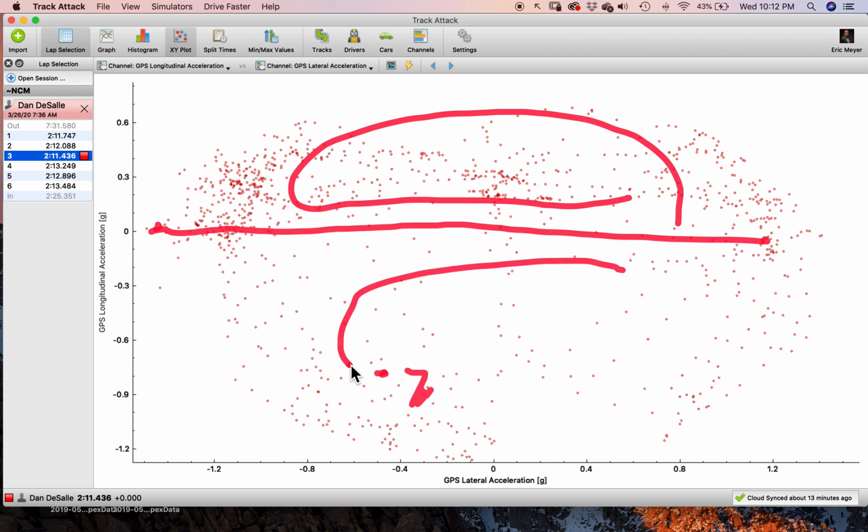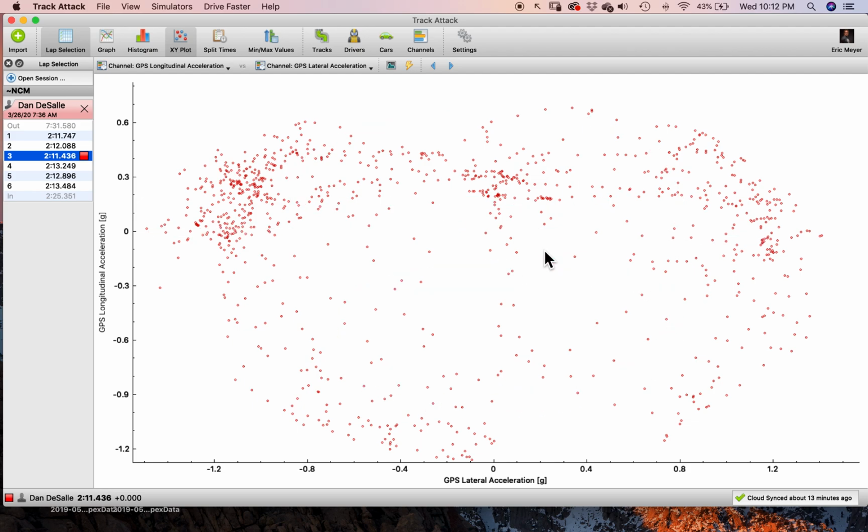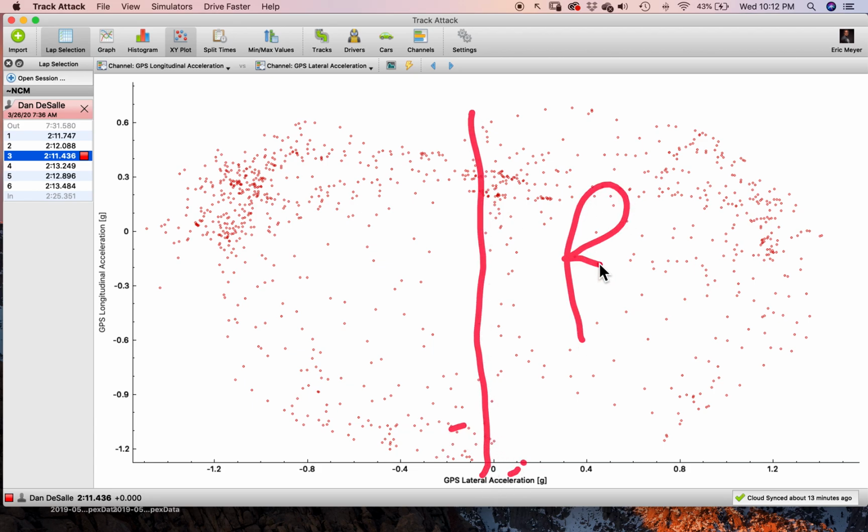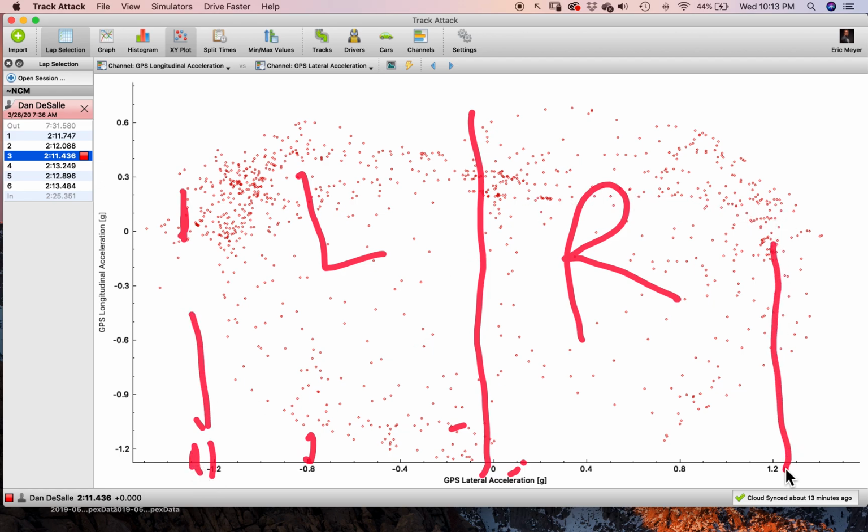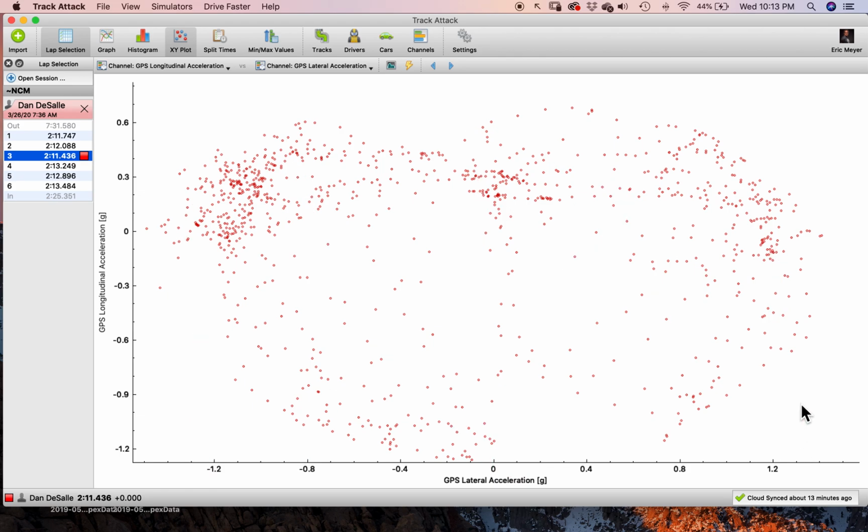These would be braking. And we'll remember right here, these are right-hand turns, and these are left-hand turns, and there's the value, 0.8. So we know right here that Dan's getting about 1.3 Gs and about 1.25, 1.3. Okay?